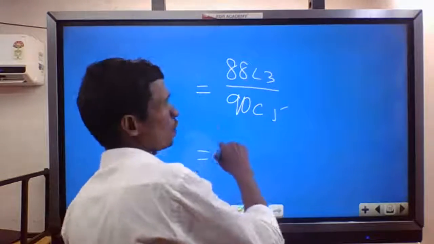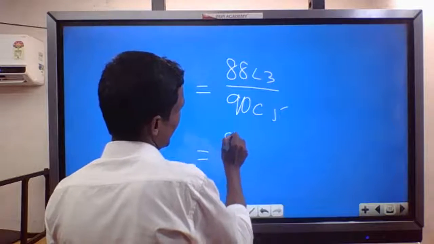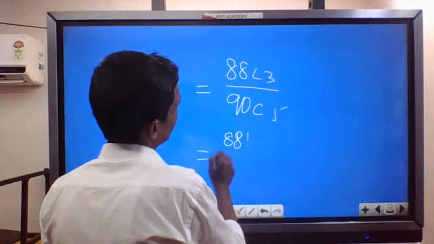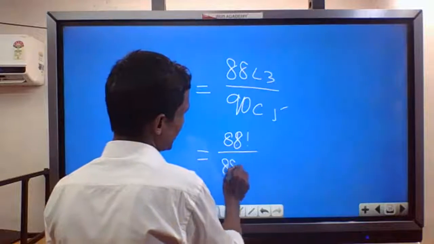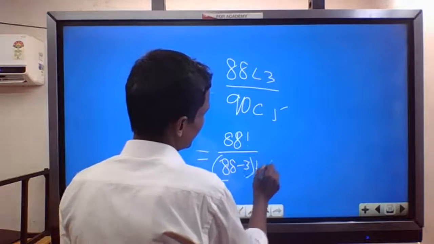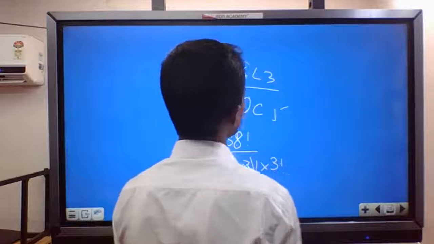How to write 88 C3? It is 88 factorial divided by (88 minus 3) factorial into 3 factorial.